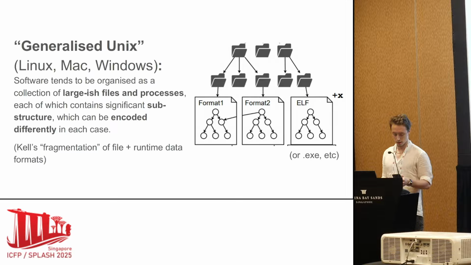Software tends to be organized as a collection of large-ish files and processes, each of which contains a significant substructure which can be encoded completely differently in each case. So this last part on different encodings of substructure is referring to the gazillions of file formats and binary encodings of data structures in process memory, which Stephen Kell calls fragmentation.